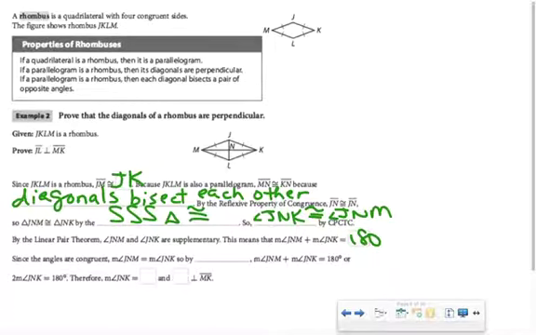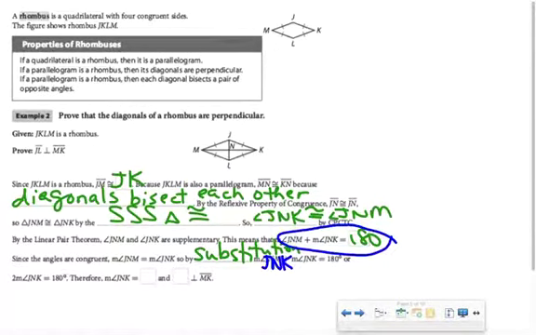So by substitution, at this point, unfortunately, I have to call your attention to a typo in the text. This should say JNK, because I'm substituting JNK in for JNM in this equation.